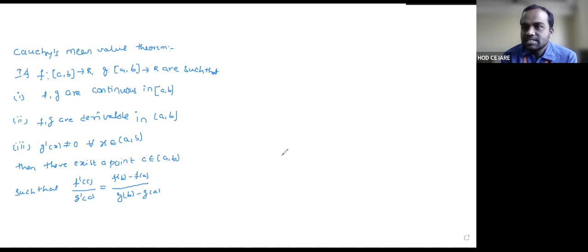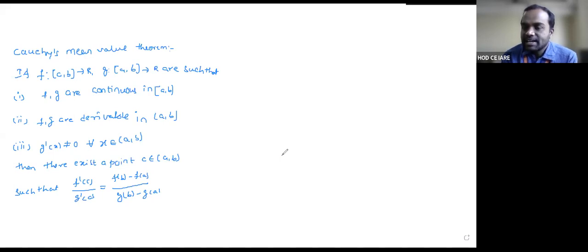The first condition is, sorry, they are continuous. That means f of x and g of x are two continuous functions in the closed interval of a comma b.